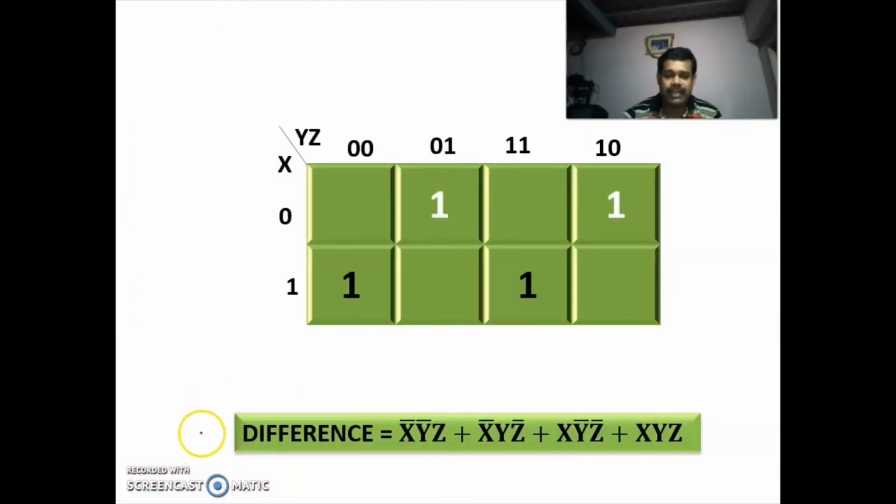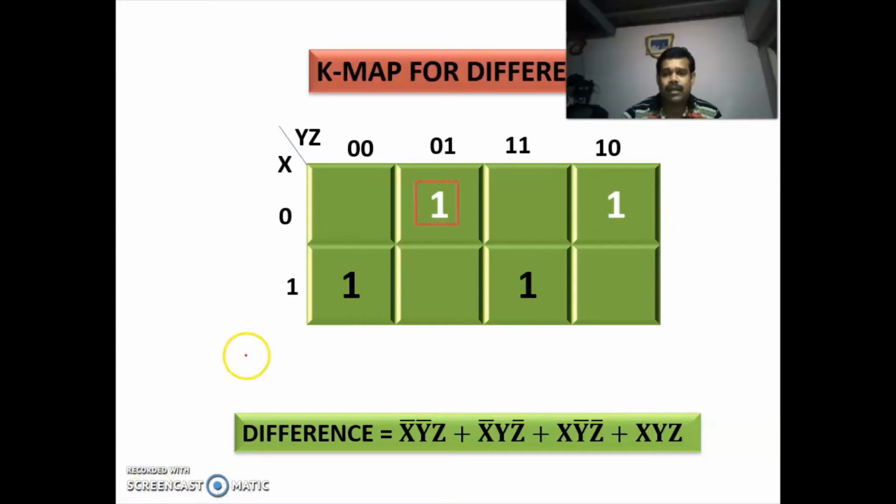Now the first K map is for difference. Here for difference we are having 1, 2, 4, 7, that is 0, 1, 3, 2, 4, 5, 7, 6.